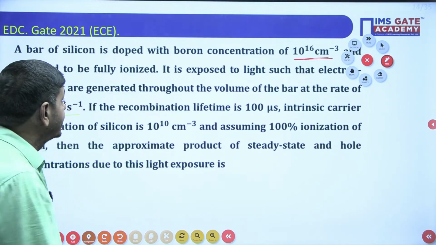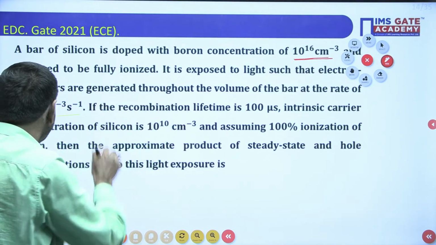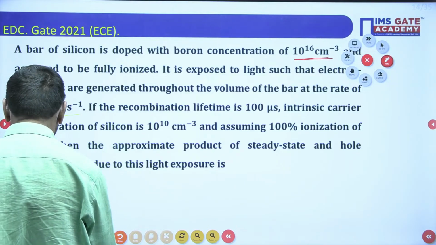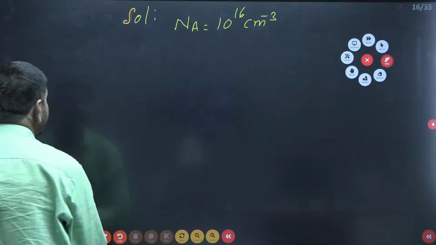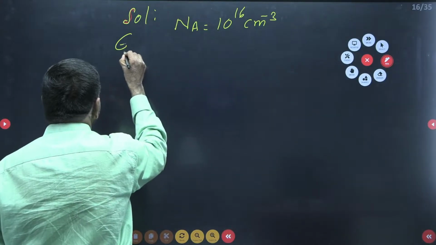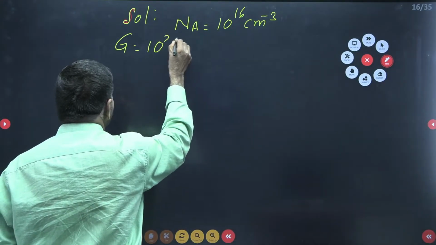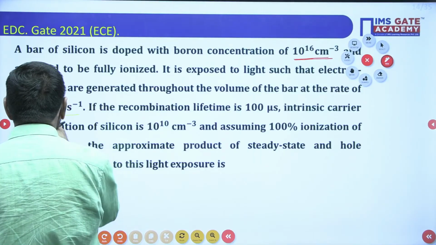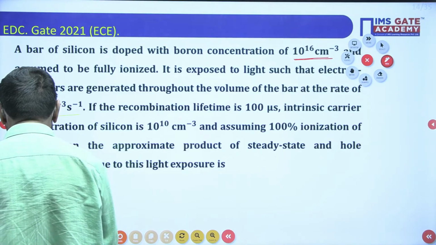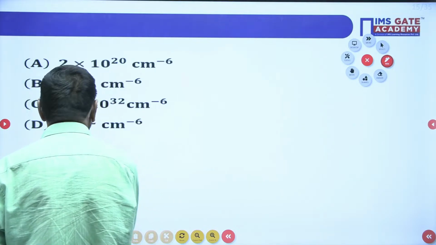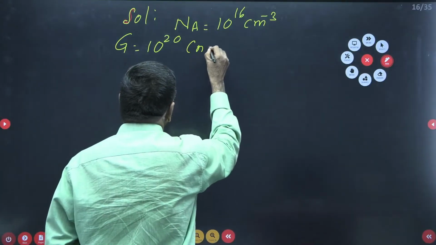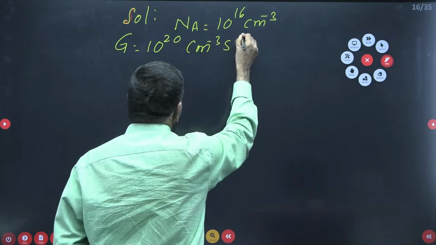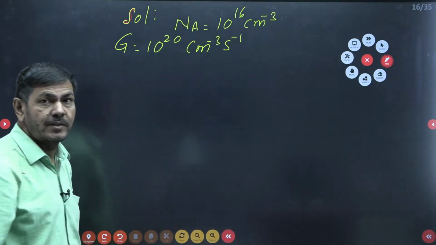The generation rate is given as 10 power 20 per cm cube per second.